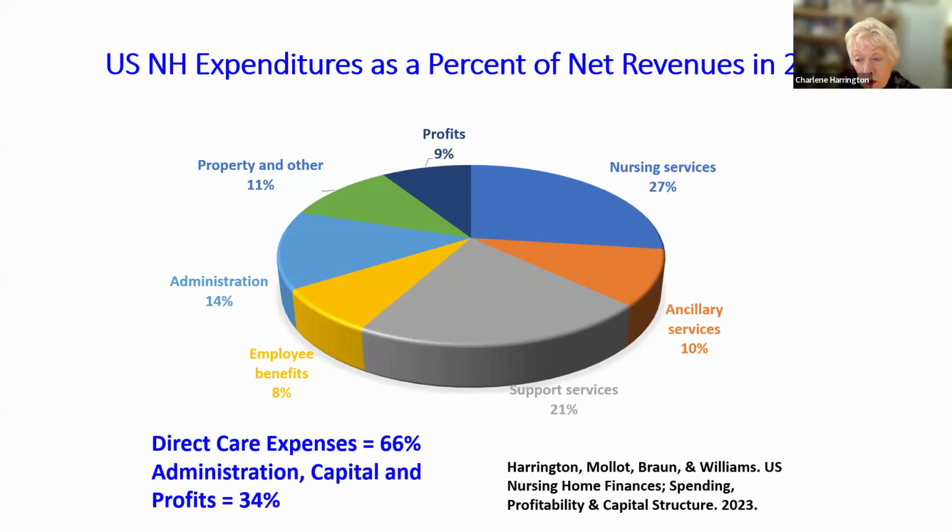So overall, only 66% of expenditures are going for direct care, and 34% is going for administration, capital, and profits.